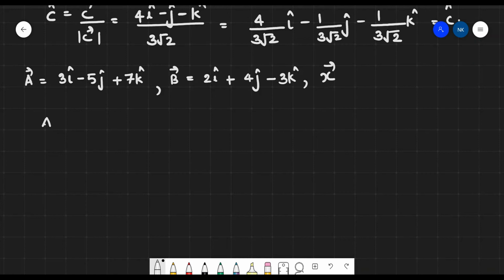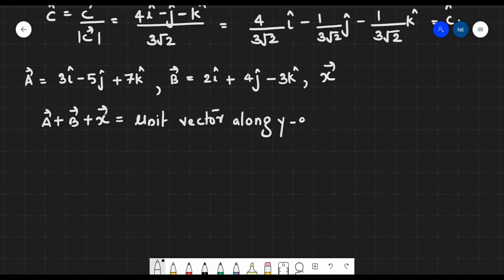Now it is mentioned that vector A plus vector B plus vector x is equal to a unit vector along the y-axis. If that is the situation, we need to find out what is the value of x. This is the question.